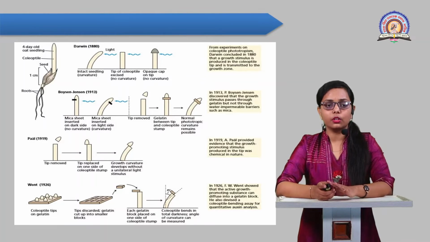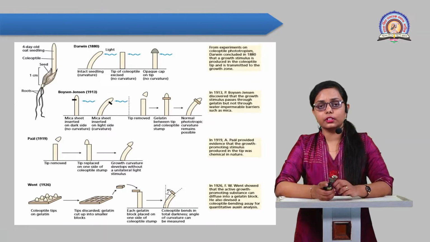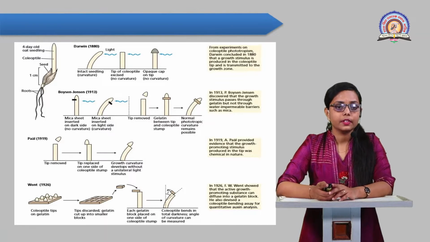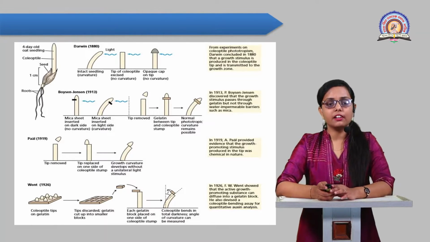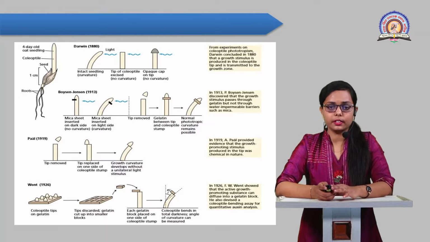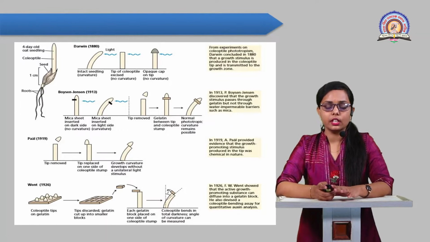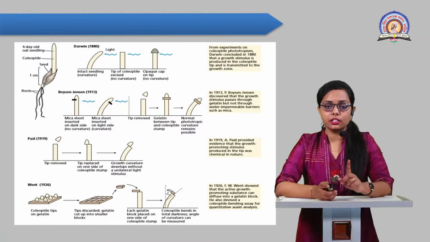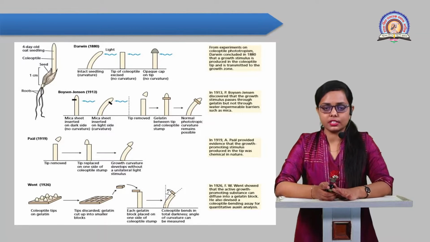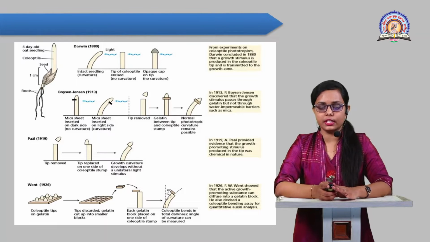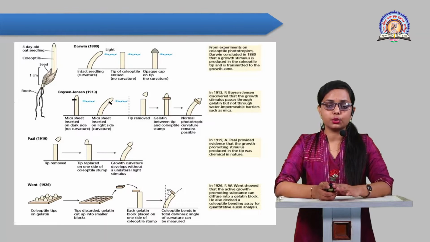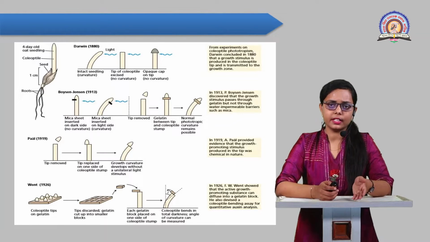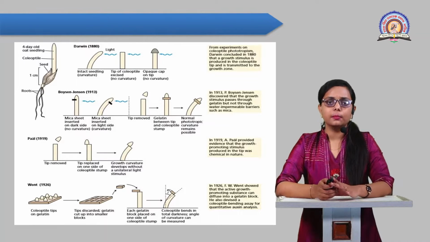See how auxin was discovered, or how Darwin worked on auxin. Darwin in 1880 performed one experiment on coleoptile. Coleoptile is a growth region which bends toward the sunlight after formation of the seedling. He performed the experiment because he was amazed at how these plants bend.